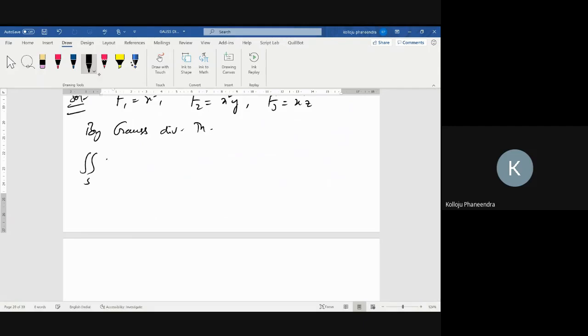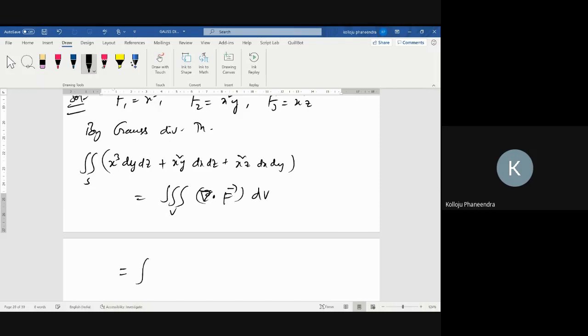what is this double integral over S? I will write directly: x cube dy dz plus x square y dz dx plus x square z dx dy is equal to the triple integral over V of del dot f bar dV.